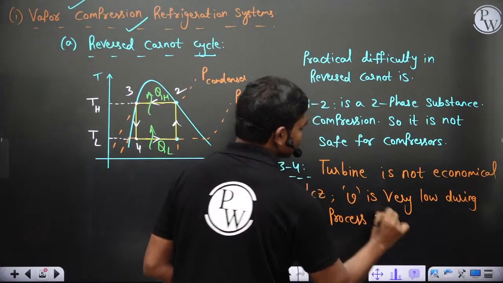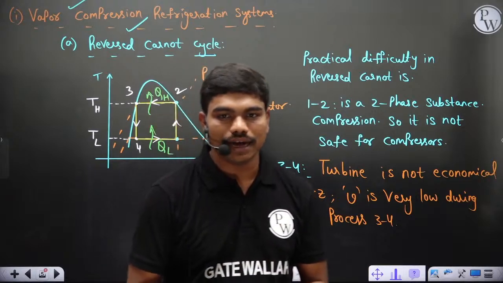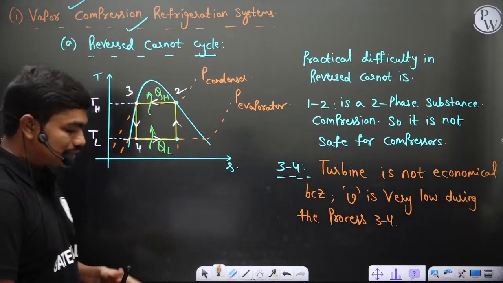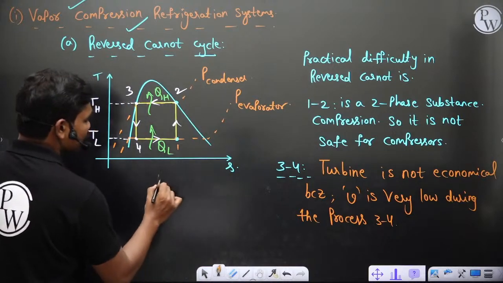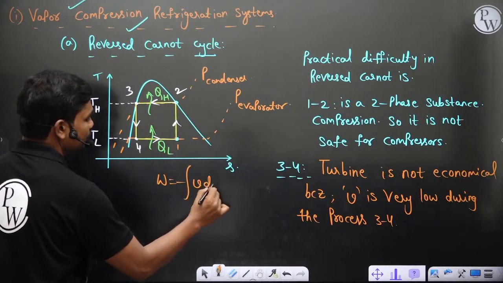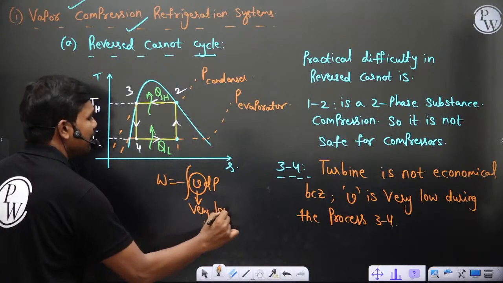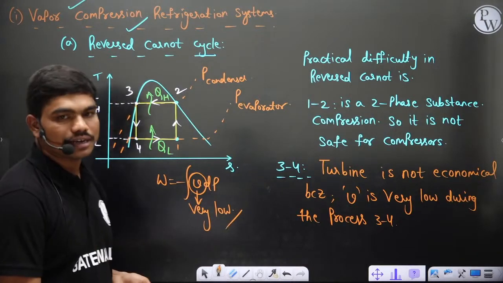If you put a turbine, blade erosion will happen in this particular case, and in case of 3 to 4, since specific volume is very low, if you calculate the work interaction, minus integral VdP, this V is very low actually. So practically you cannot use an adiabatic turbine to get this particular process 3 to 4.